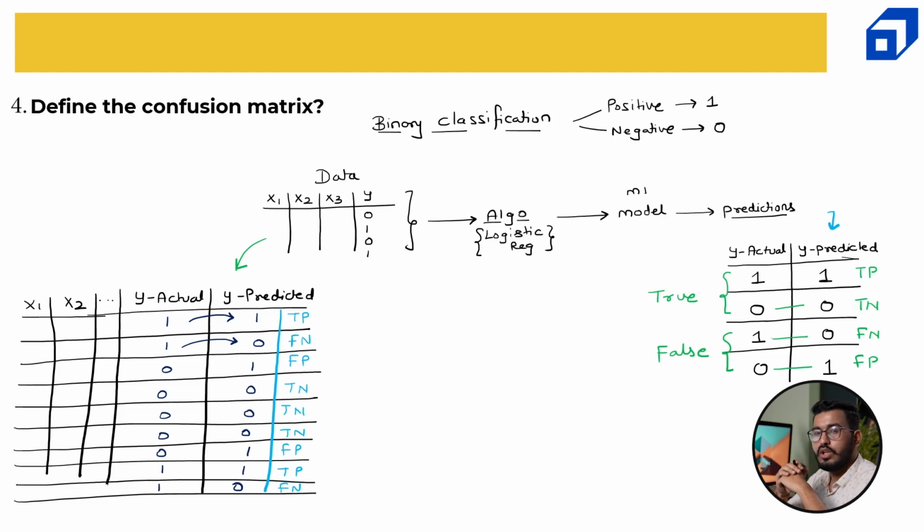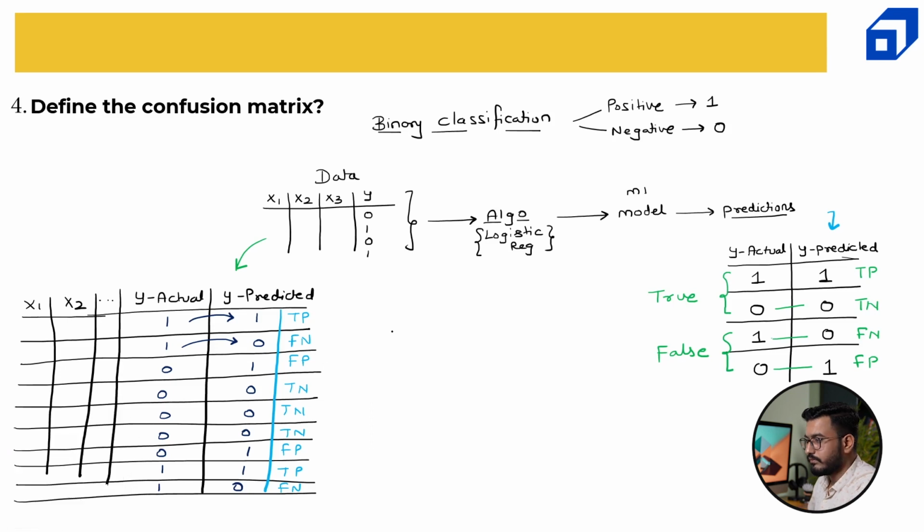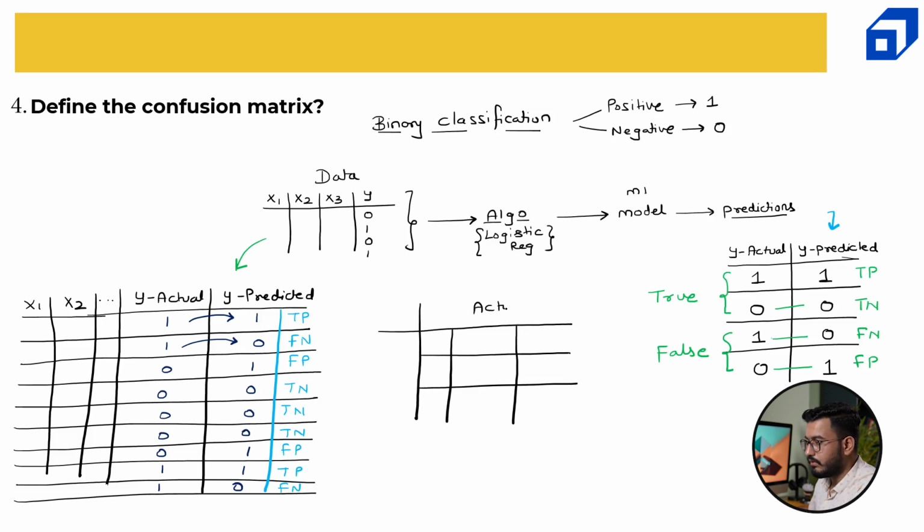The best solution is to place them in a matrix. So here, this is my actual, this is my predicted, let's say 0 1 0 1.